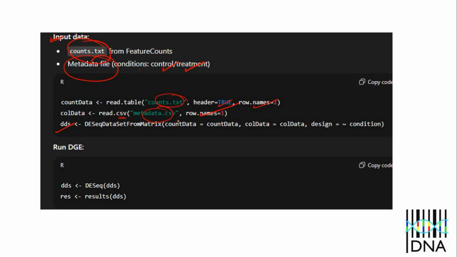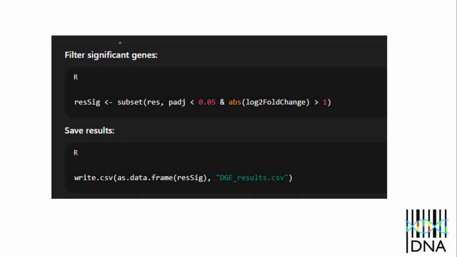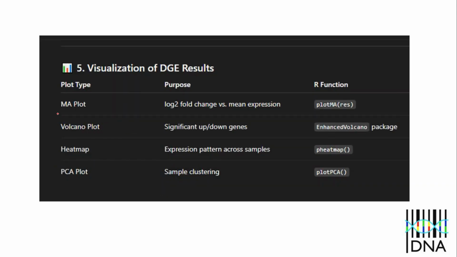Okay. After preparing this metadata, we run the DEG. Then filter out the significant genes by using this command. Then finally, we save the data. After saving the data, we find the MA plot, volcano plot, heat map, and PCA plot.